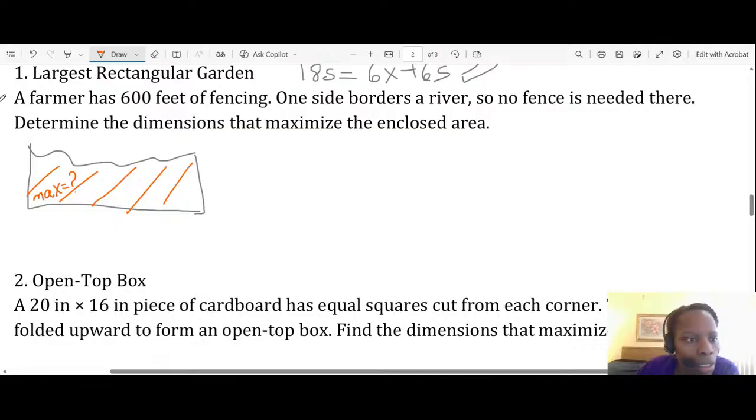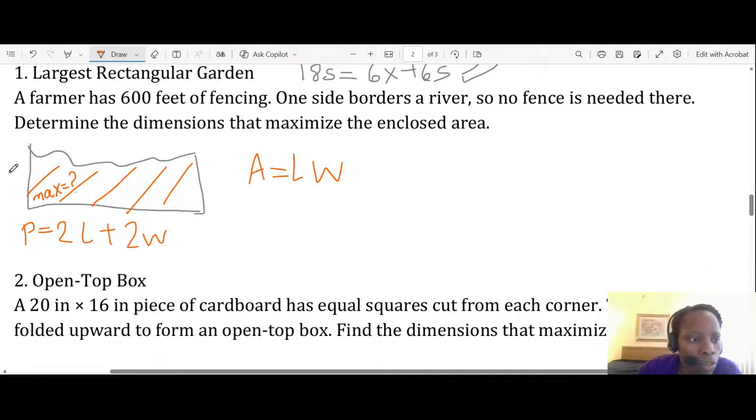Right, so the area of a rectangle is length times width. And we know the perimeter equals 2 times the length plus 2 times the width.